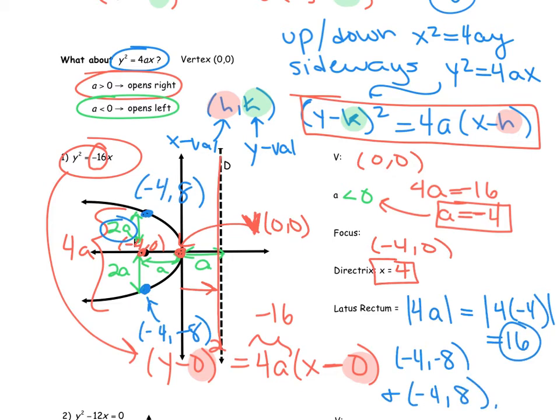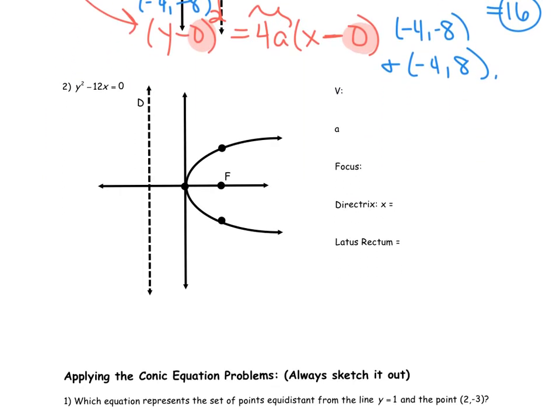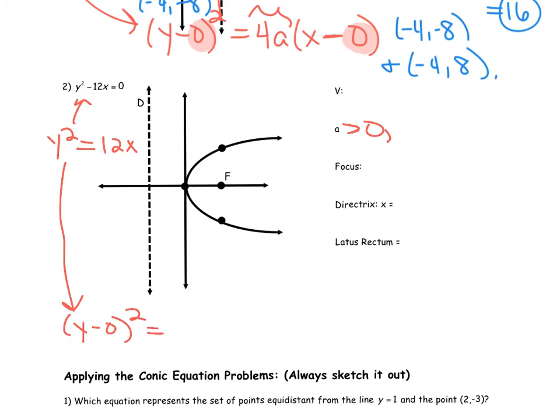Okay, now that we talked about opening leftwards, we now need to talk about it opening rightwards. When it's opening rightwards, we already said this, hopefully, a better be greater than 0. So let's go in and check. First, we want to get this set up in the right form. We want this to be y squared equals 12x, which we can rewrite as y minus 0 squared equals 12 times x minus 0.